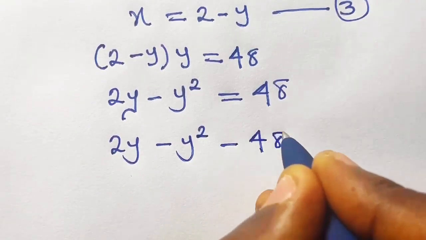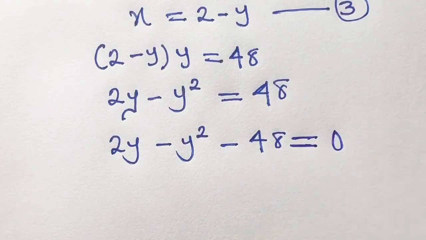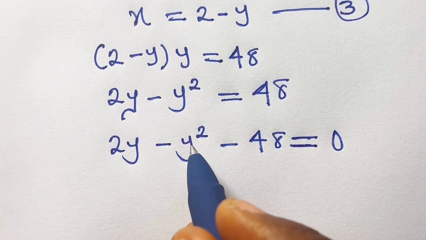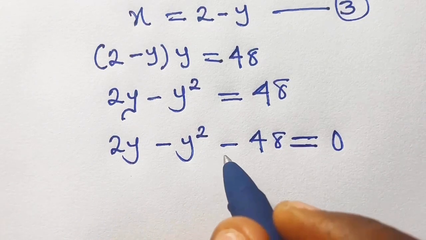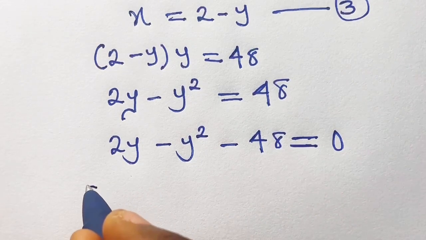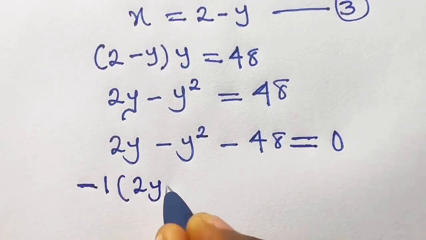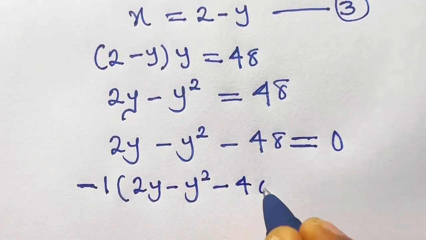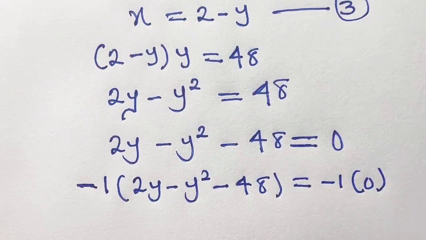minus 48 equals 0. Here we want to make y square our first term. So we can easily multiply both sides by minus 1. So we have minus 1 multiplied by 2y minus y square minus 48 equals minus 1 times 0.